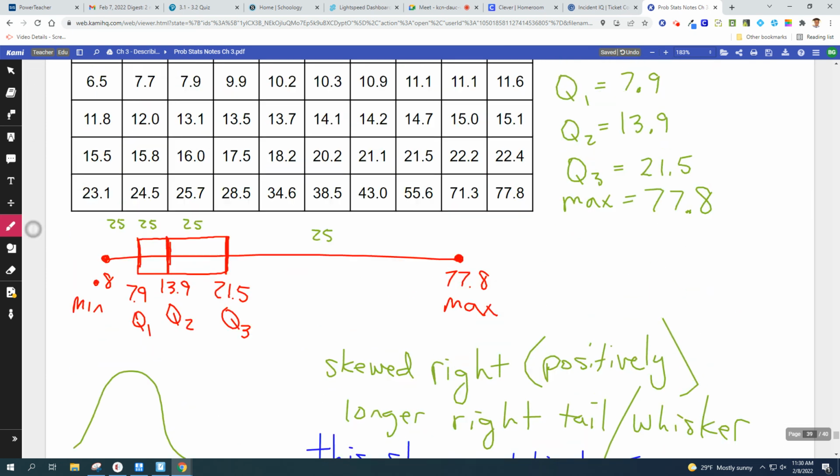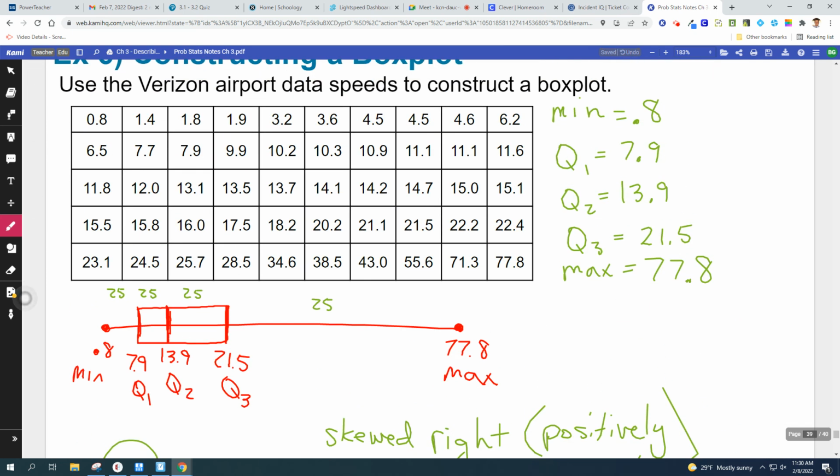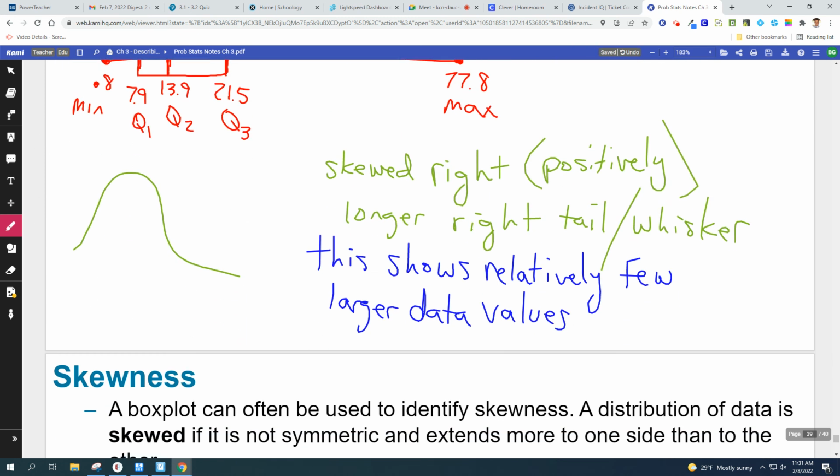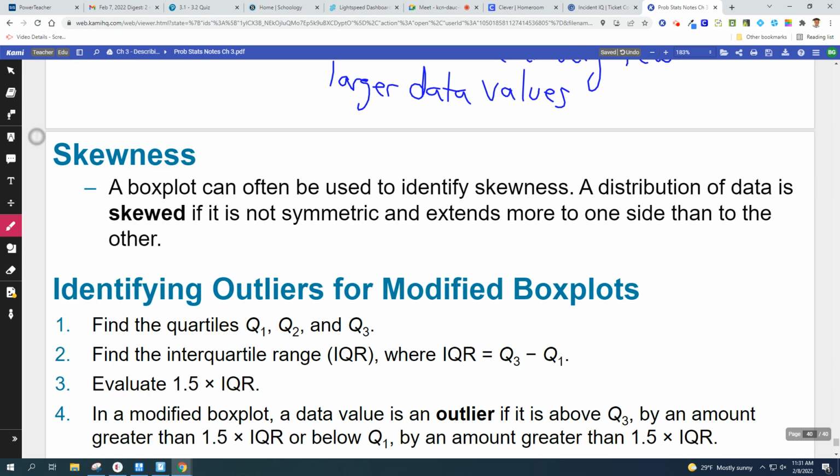If you look at the data, most of the numbers are all below 30, right? Most of the numbers are down in the 20s and teens or whatever, definitely below 30. There really aren't very many numbers up there towards 77.8. And that's what the longer right tail shows us.